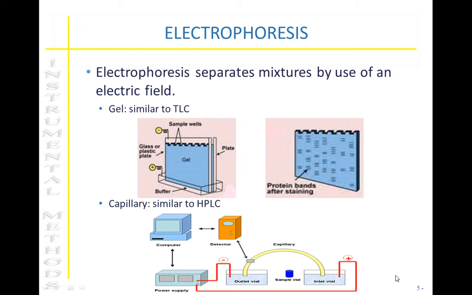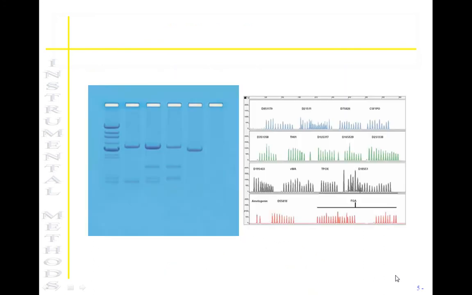The capillary technique is very similar to HPLC. The data that you obtain for these two techniques is shown on this slide. The data on the left-hand side of the slide is what you would receive from gel electrophoresis, and the data on the right-hand side is what you would receive from capillary electrophoresis.